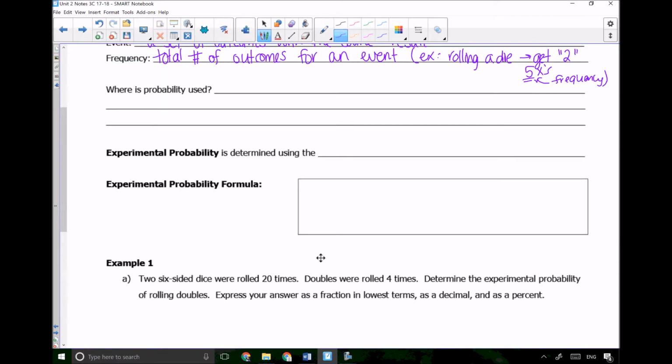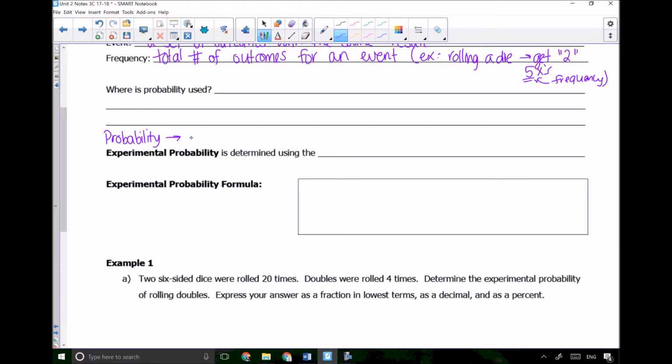Okay? So the next thing I want to talk about is what kinds of numbers you get for probability. So probability is the possibility of any event. The smallest possibility you could have, the smallest likelihood you have, is 0. It means it's not going to happen.